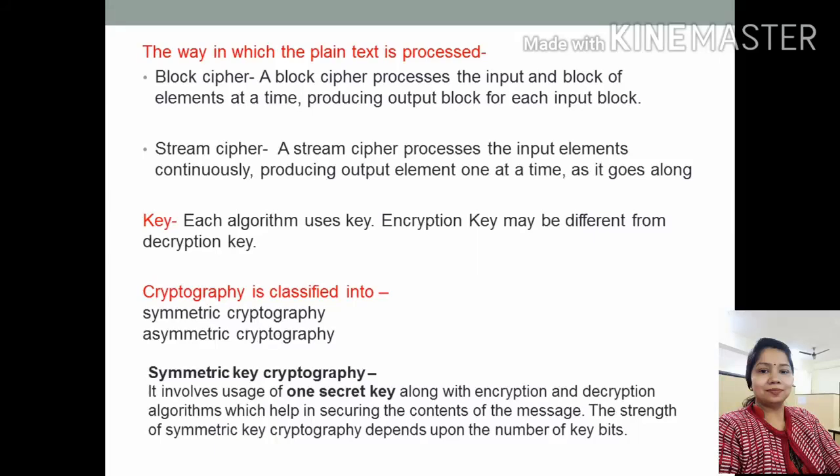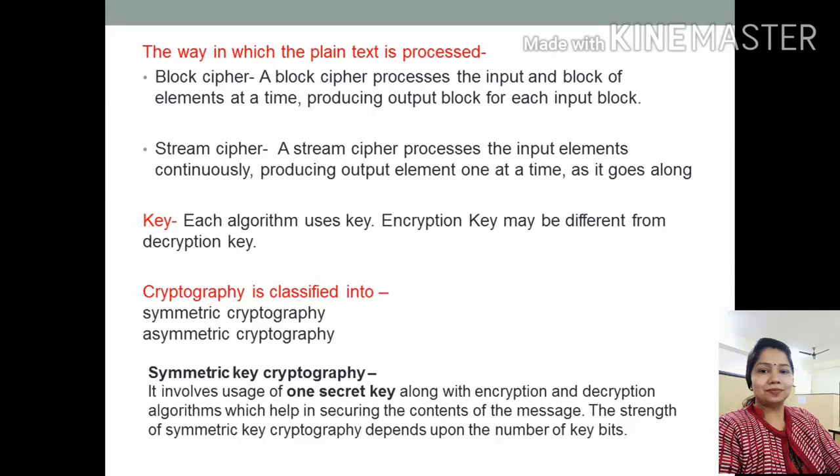The key is the most important part of the encryption algorithm. Even if the algorithm is disclosed to anybody, he cannot decrypt the data without having the key. So the key is always kept secret by the two parties who exchange data between them.